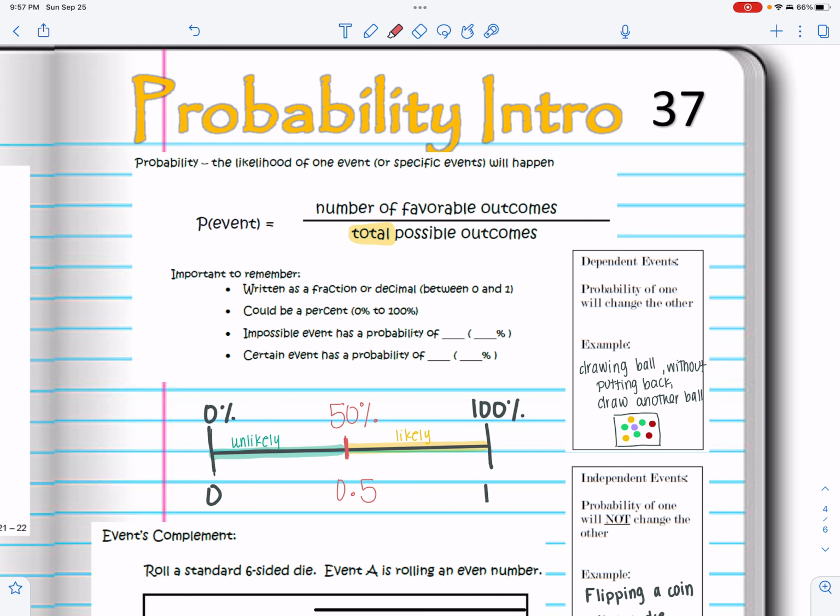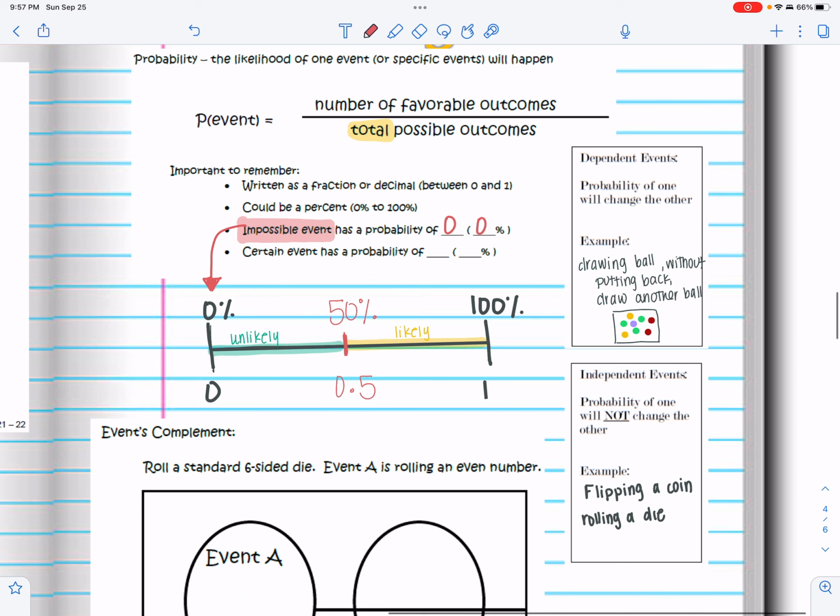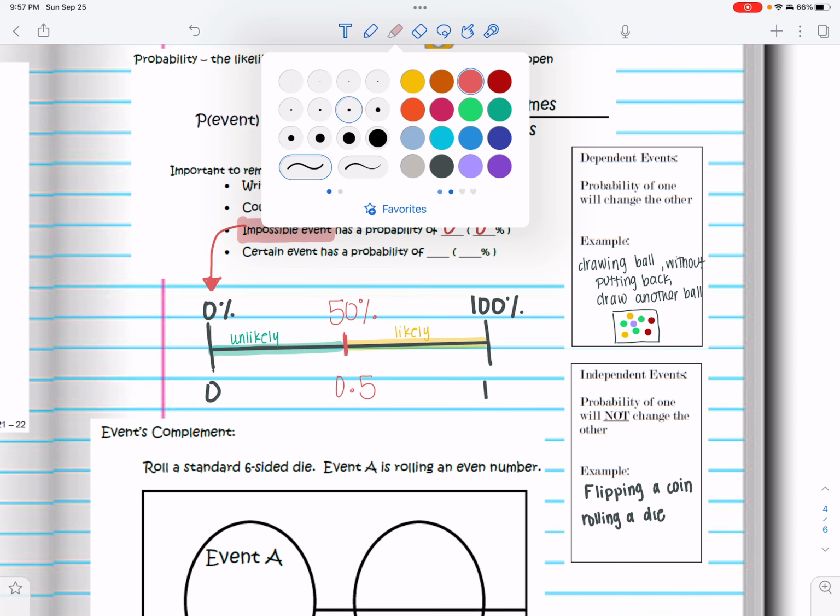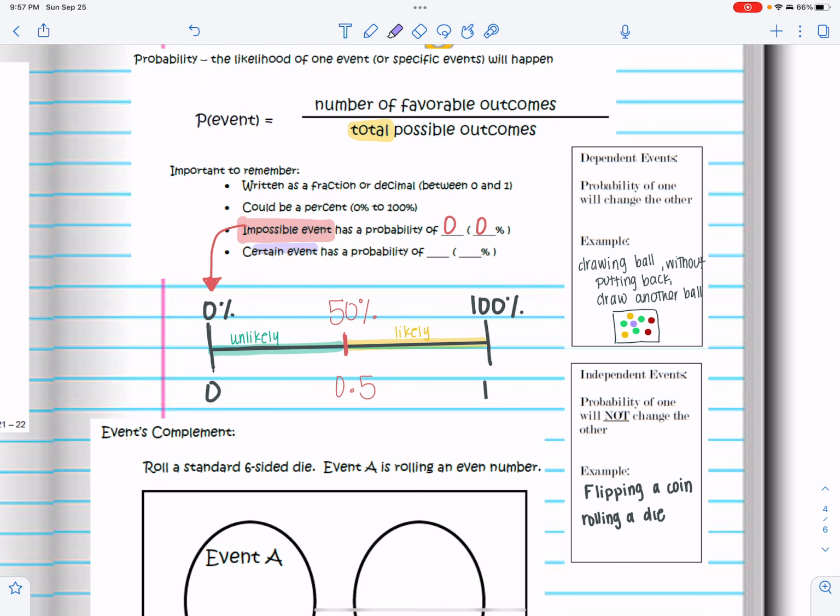An impossible event is an event that will never happen. It has a probability of 0 or 0%. A certain event is on the other extreme. It has a probability of 1 or 100%.